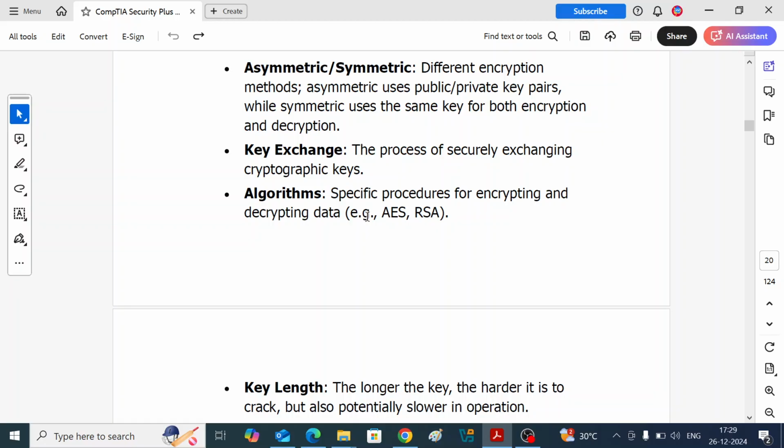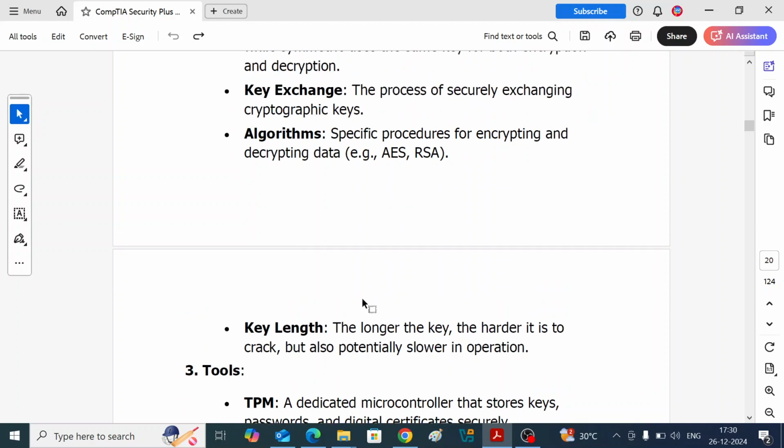And in AES, the 256-bit one is mostly used for encrypting your hard drives and all that. And RSA stands for Rivest, Shamir and Adleman. This was actually the first time encryption of this kind was used. It's no more in use, but as I told you, Advanced Encryption Standard is what is being used right now. Anyway, so that is algorithms, specific procedures for encrypting and decrypting data.